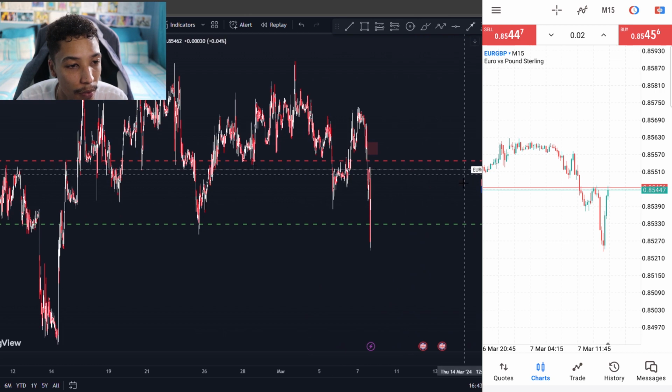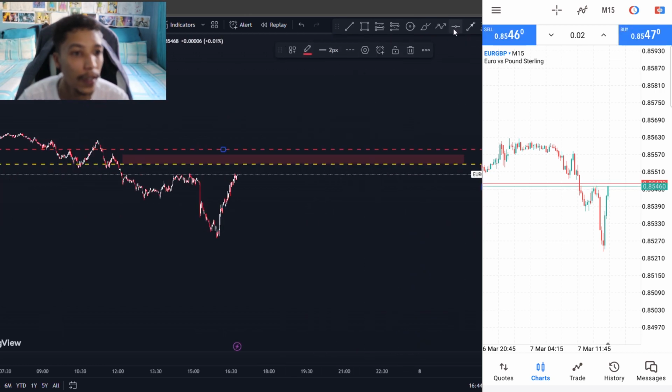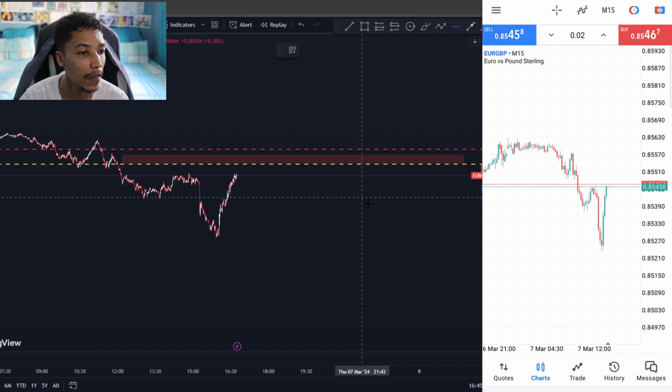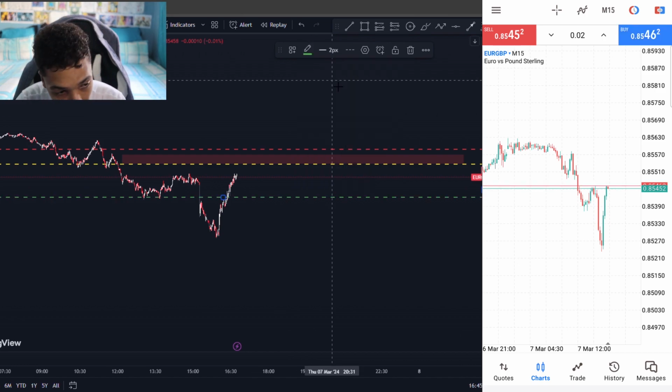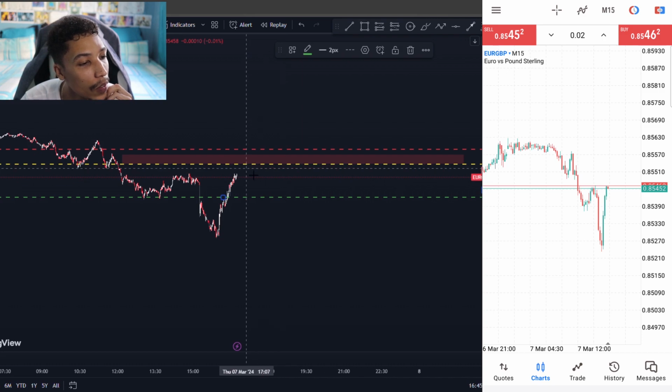The stop loss is in red, and we'll put out the TP. Trying to gain just enough. Now it is going down, so it might take some time before it comes up to there.